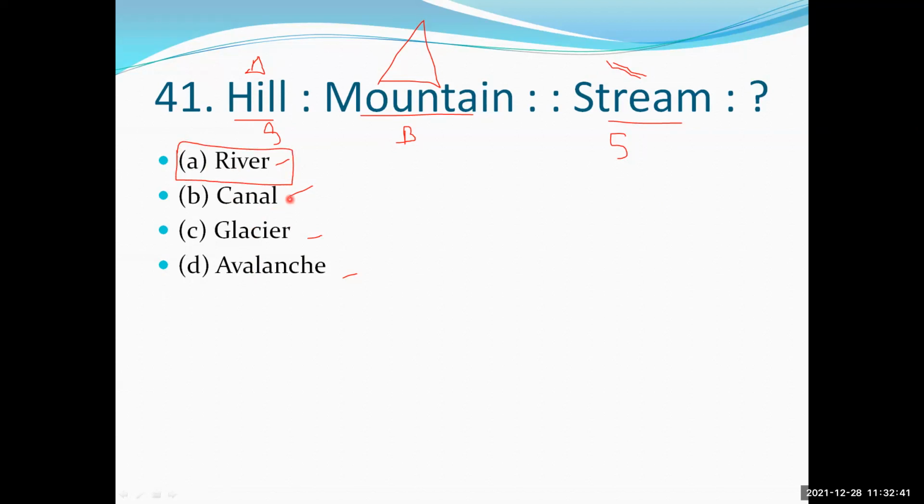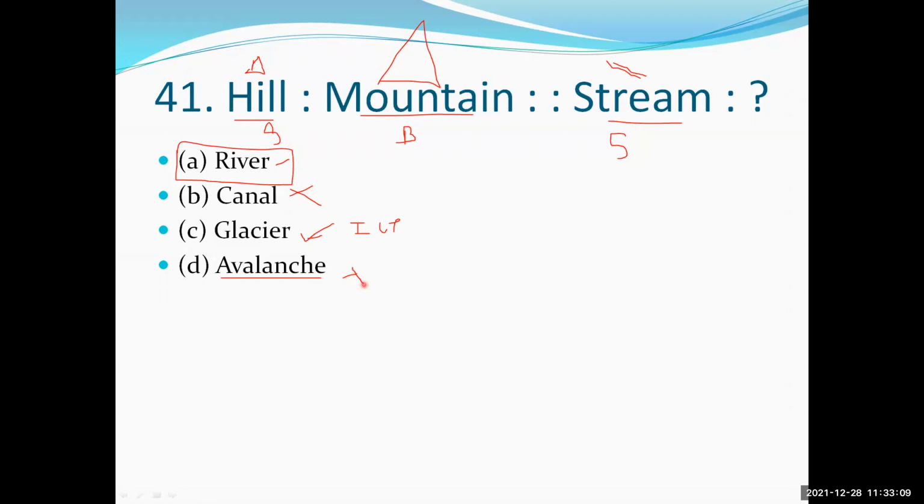Canal, can you choose canal? Canal cannot be, because canals are artificial and are usually the same size everywhere, so no canal. Glacier is of ice, so you cannot go for glacier. Avalanche is also a big mass of ice, in fact the sliding of snow, ice, and rock in a mountainous region.